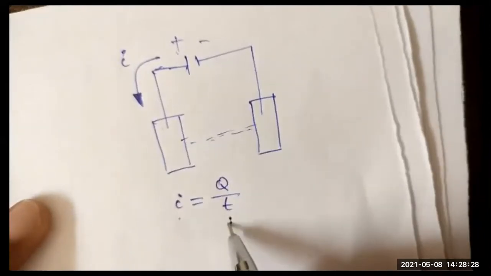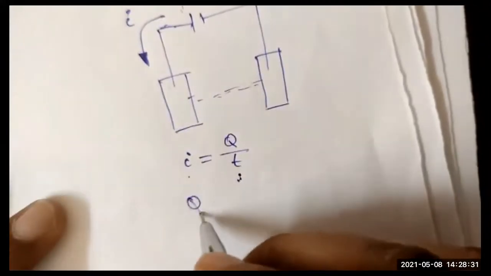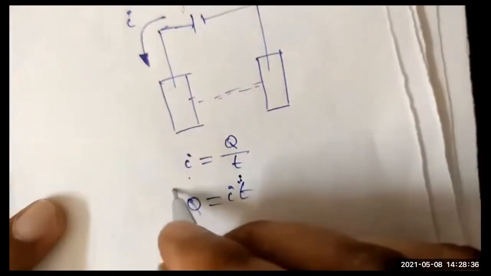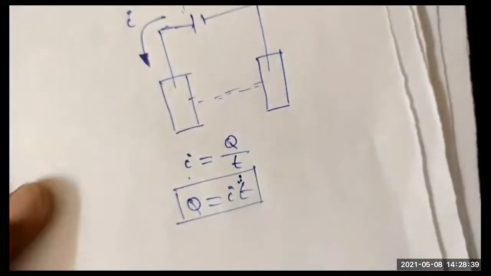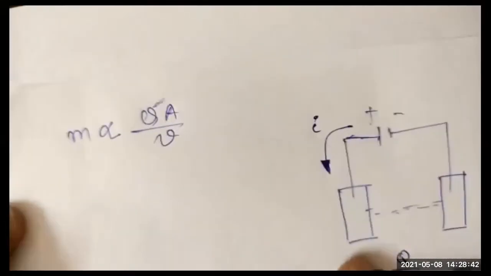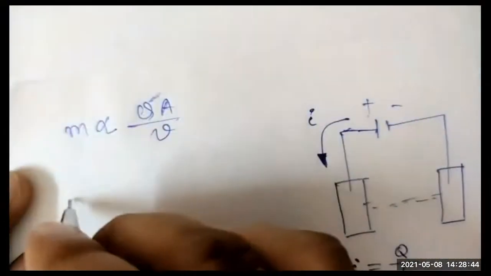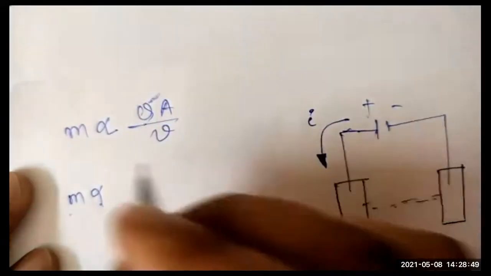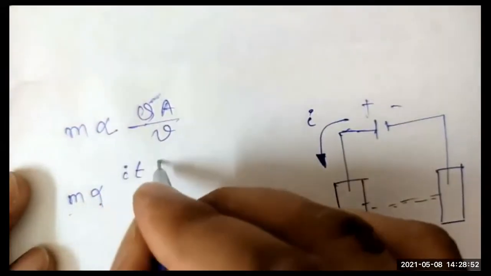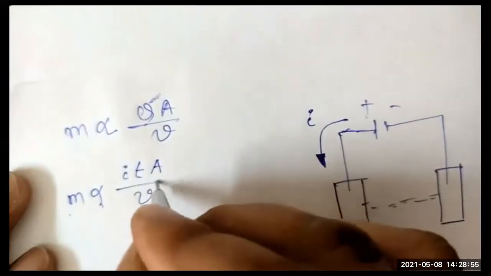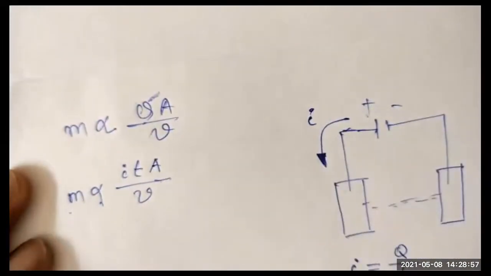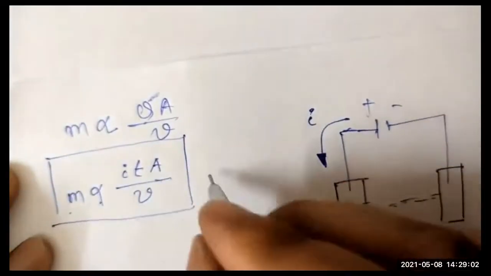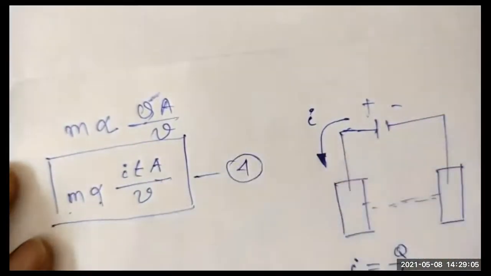So from that we can find out Q is equal to I into T. Now, in this equation, if we put the value of Q, we get M is equivalent to I into T into A by valency, which is V. This equation we have to remember. Give it equation number 4.